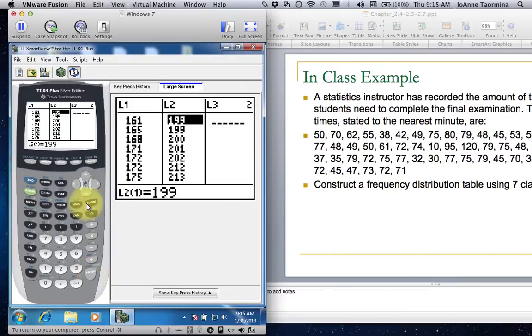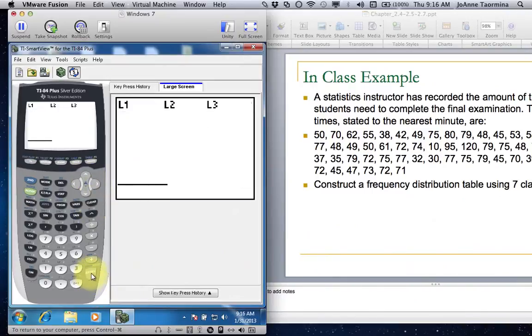So using your arrows, left or right, go over to L1 and go up to the title of the list L1. With L1 highlighted, press the clear key. Notice that all the data values that were down here are gone. Then press enter, and now all the data values here are gone. And then you could go over and do that to L2 because we won't be using L2 either.